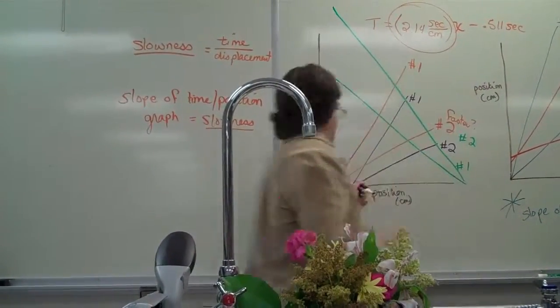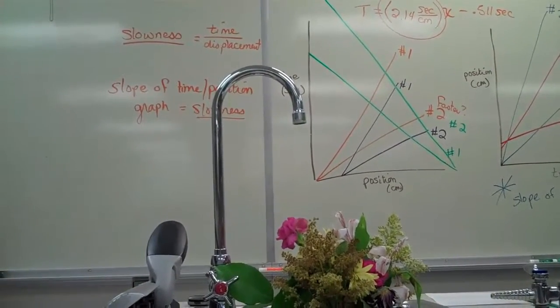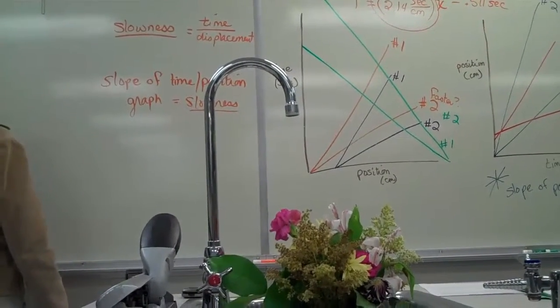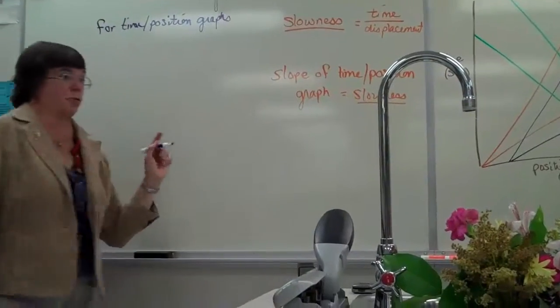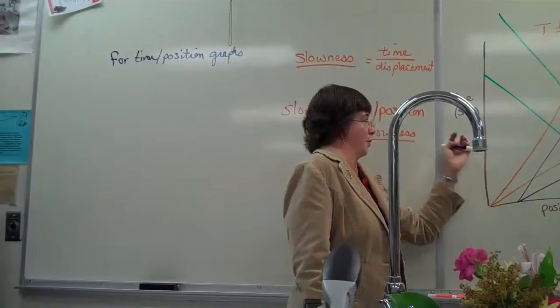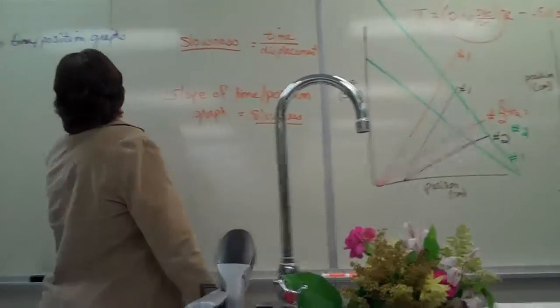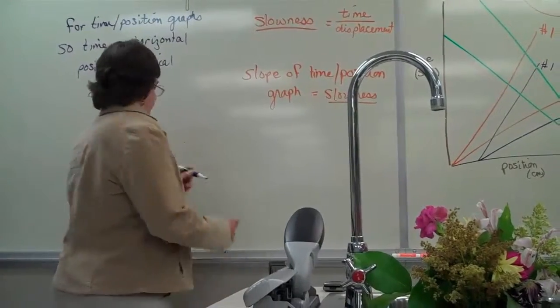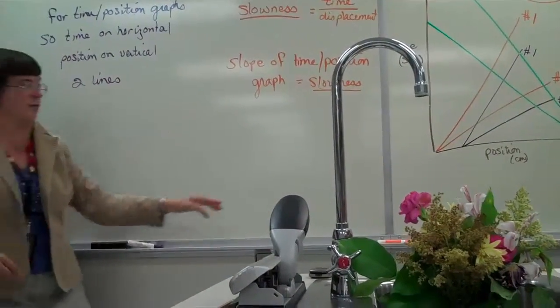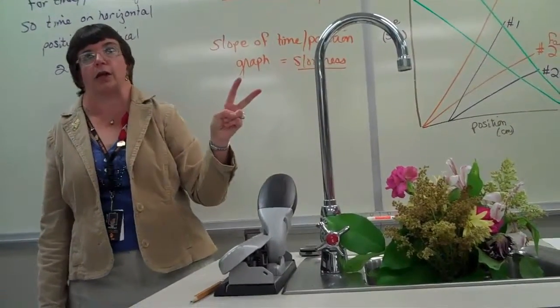In addition, if you have this graph, I'm going to ask you to generate a new one. So, for time position graphs, I want you to regraph it, and I want you to put position this time on the vertical axis. I want you to put time on the horizontal axis. 2 lines again. So, if this was your graph, you're going to have two graphs in your lab notebook.